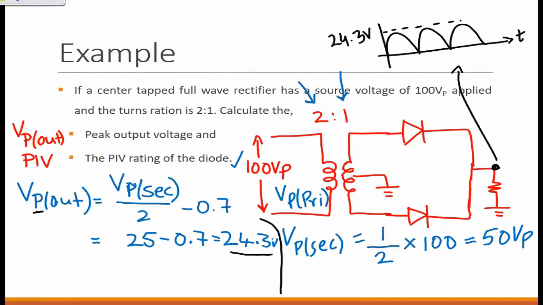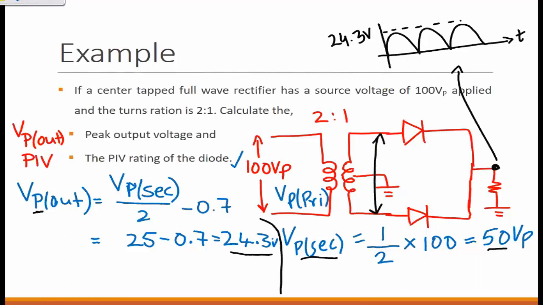So that 50 volts that we are saying, correct, is what we got when we started with finding the secondary. So this 50 volts is the secondary voltage. That means that's the total secondary voltage from top to bottom, from here to here.